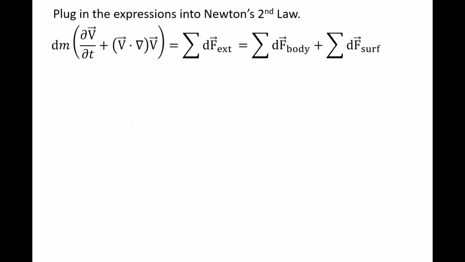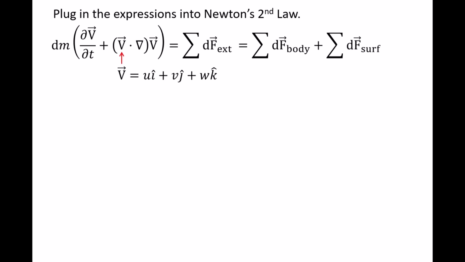Let's return to Newton's second law. In the left side of the equation, the velocity vector appears a few times. And recall that the velocity vector has a component in the x direction, u, a component in the y direction, v, and a component in the z direction, w.